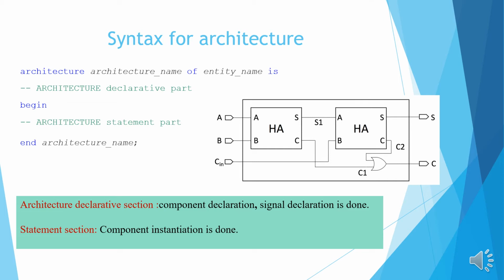So we must declare components used into the circuitry. So here we can say three components are used, two half adders are used, and one OR gate is used. Then to connect these components with each other, wires are used, S1, C1, C2. These wires are used. So we can declare these components and these wires in architecture declarative part.